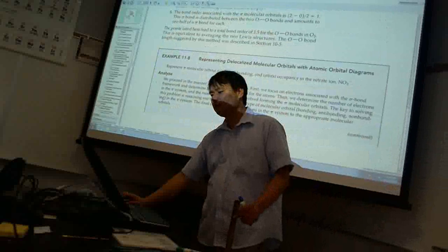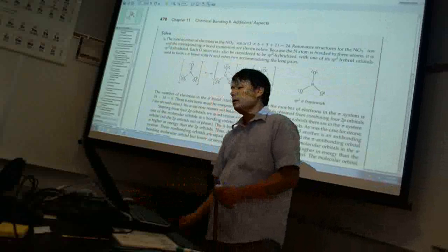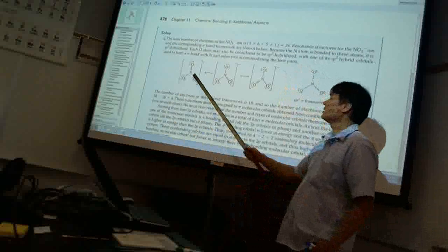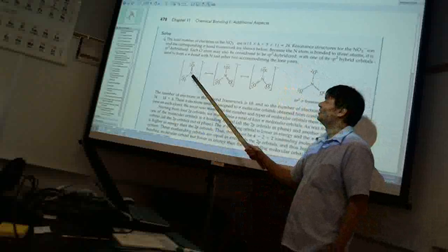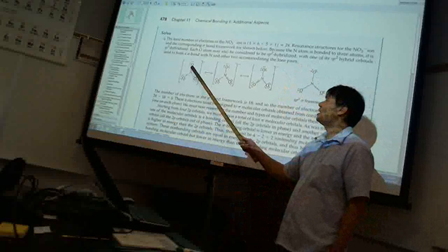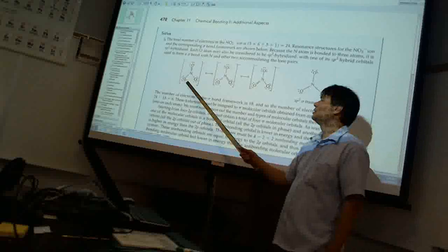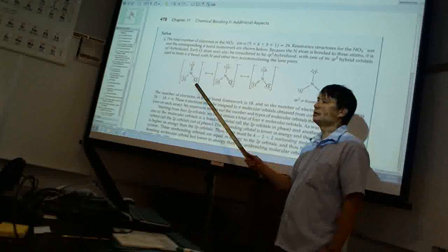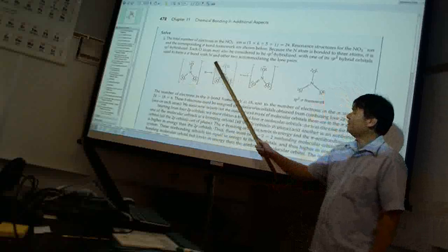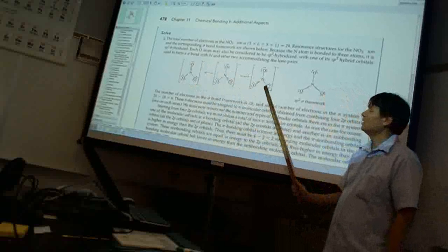Okay, let's take a look at nitrate. What's the hybridization on nitrogen? sp2. This oxygen, sp3. This oxygen, sp3. But we have three resonance forms, right?